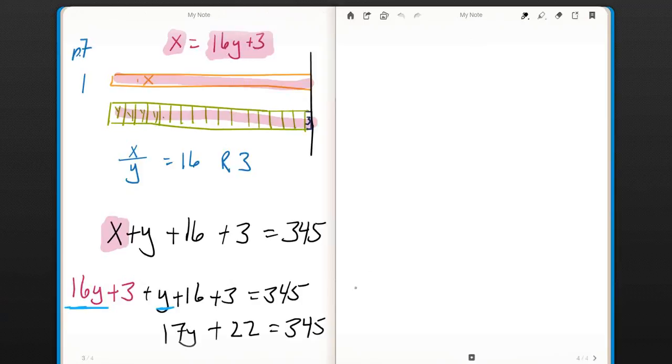Well, without worrying about the algebra, you know that if you have to add 22 to get 345, before I added 22, I must have been at 323.